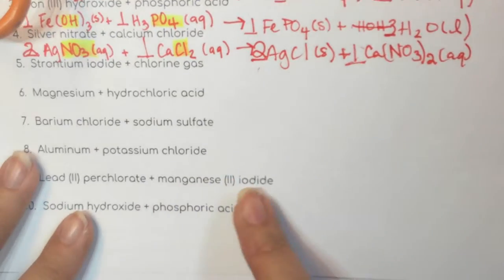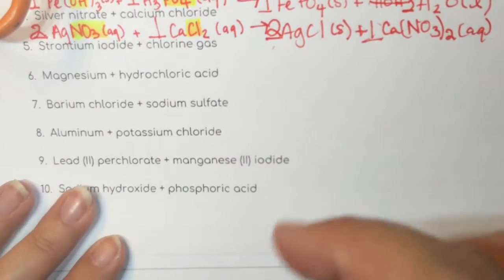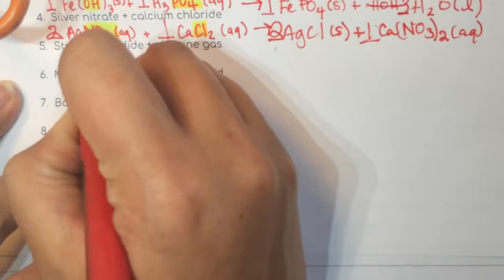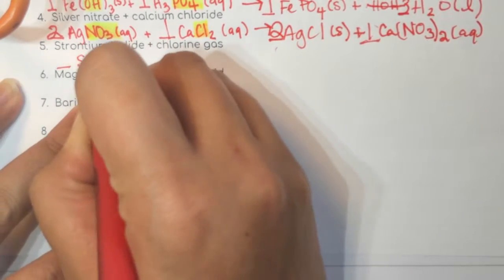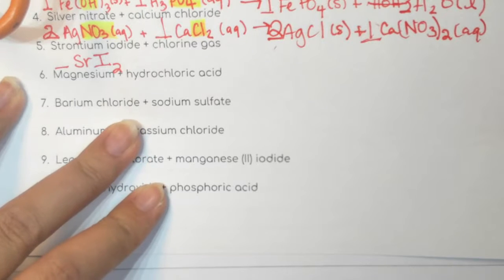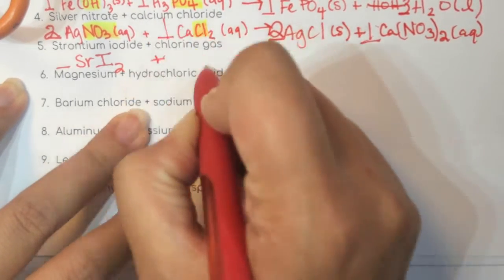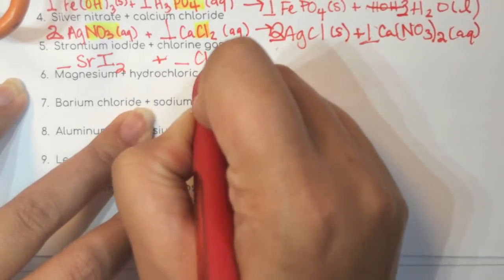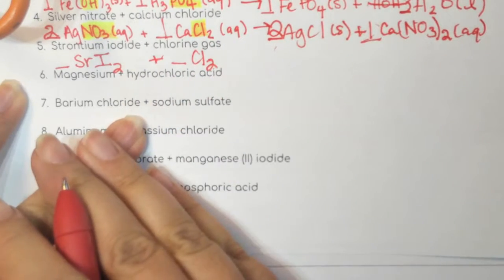All right, we have strontium iodide. Strontium is Sr with a +2 oxidation state, iodine -1. When you swap and drop, iodine is going to get a 2 as its subscript. It is being added to chlorine gas, which we know is diatomic, so it gets a 2.